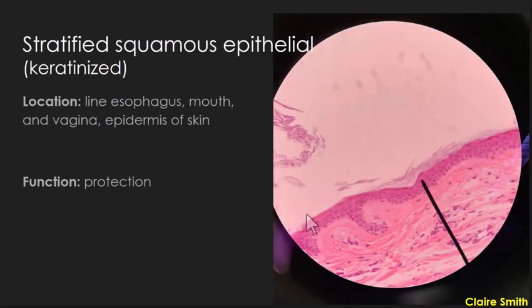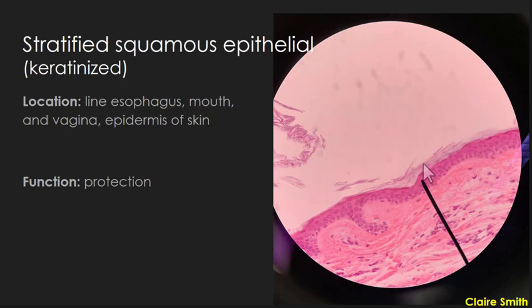Next, we have stratified squamous epithelial. So you can see they're like little flat pancakes. We have the big lumen up here. And the one we're always going to show you for this is a keratinized, which we'll talk about when we talk about the integumentary system. But this is on the surface of your skin. This is your epidermis.